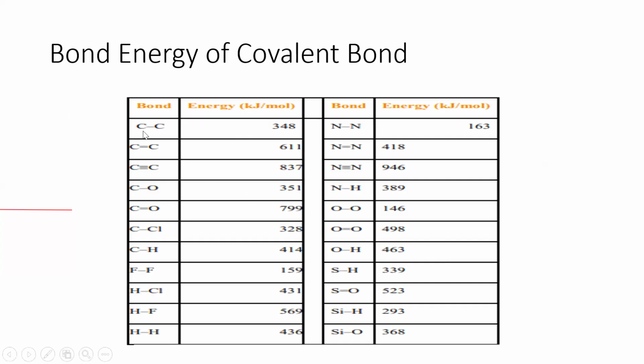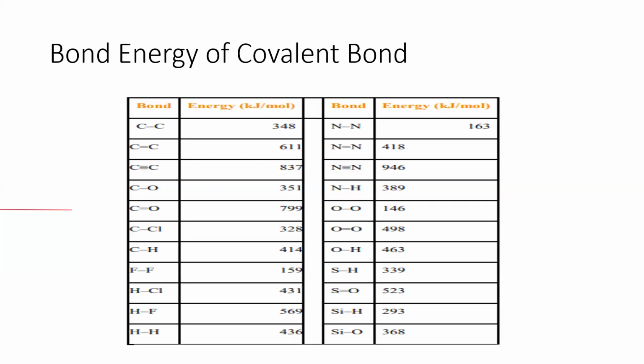So for the carbon-carbon bond, this is the energy that we need to bond it, or break it. When you bond it, the energy comes out, so this is how much energy comes out. Or when you want to break it, this is how much energy you can use to break it. The energy is in kilojoules per mole.